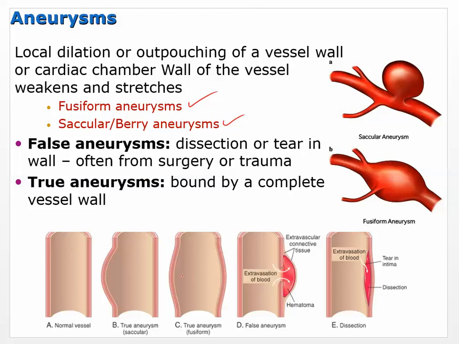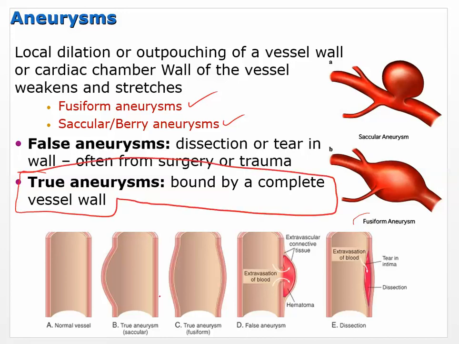If it doesn't damage those layers and it just happens to be pushing out in that area, that's going to cause something called a true aneurysm. A true aneurysm is when the vessel wall has not been damaged. There's no damage, it's just pushing out and the vessel is stretching out.